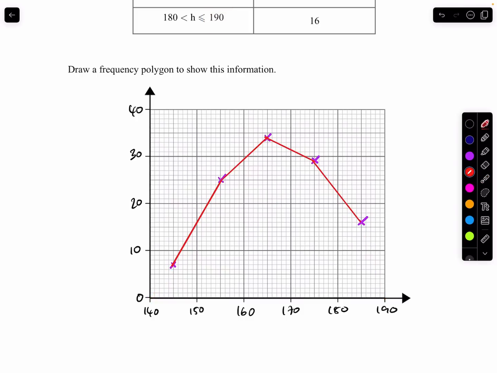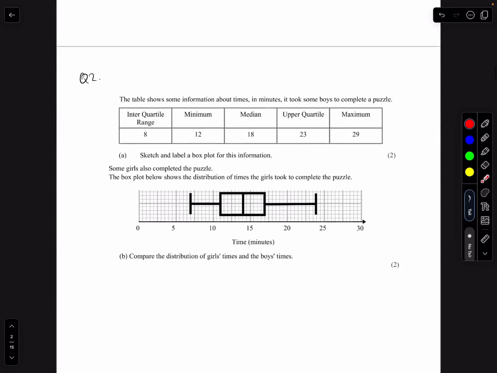All right, so that's something that I tell my students to do, because this way you complete polygon with this x-axis here. It's a complete shape now. Well, there you go, see? But yeah, if you do decide not to do that, that's fine, because I have seen that in mark schemes and answers in the back of books. So yeah, all good. Right, let's move on to question 2.